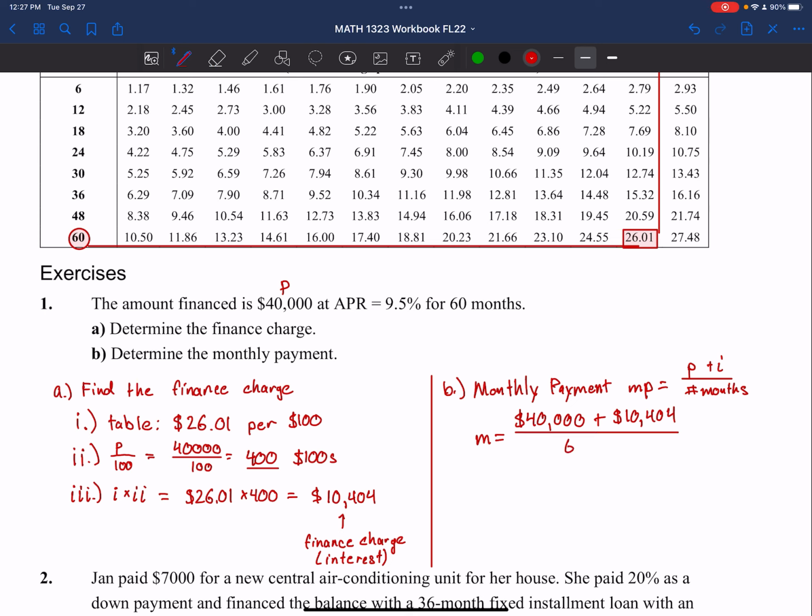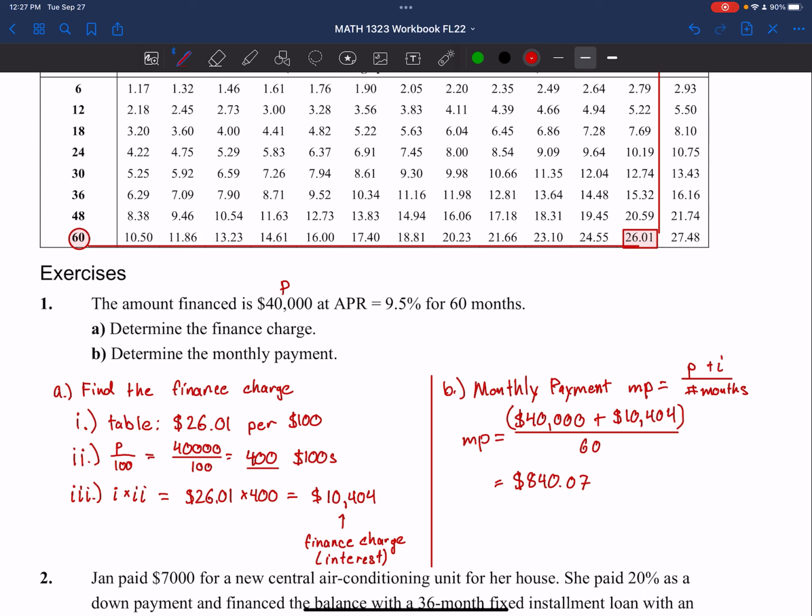So our monthly payment, if you go ahead and again, just make sure you add the numerator and then hit equal and then divide by 60, you'll find that is going to be $840.07.